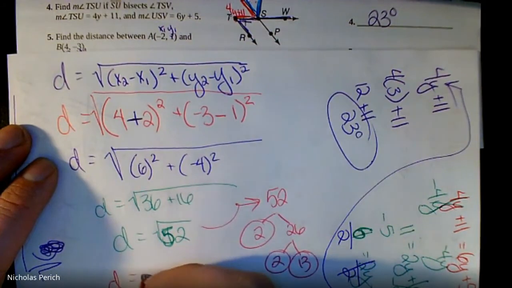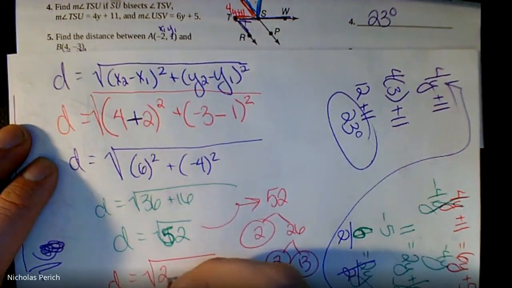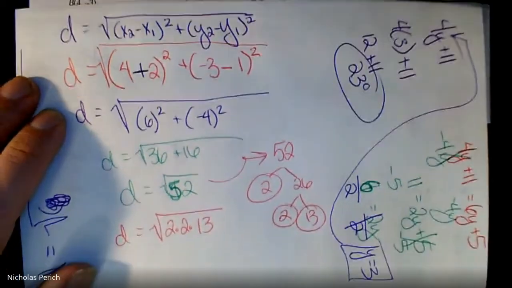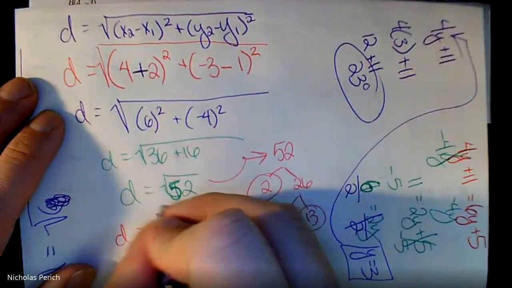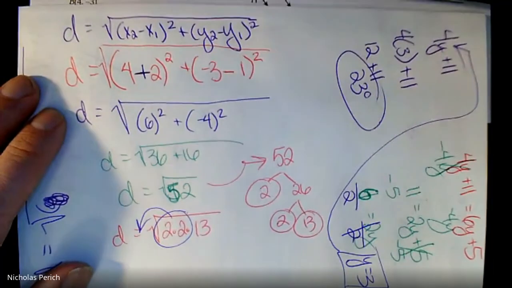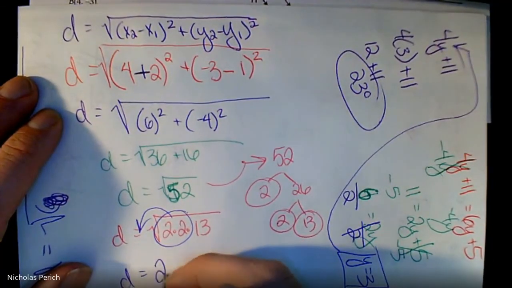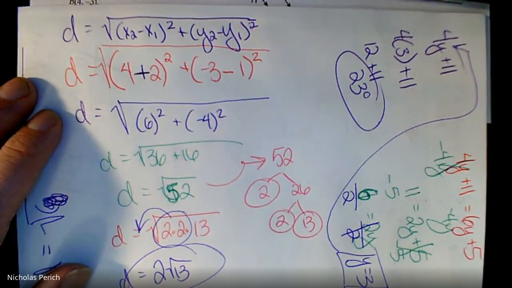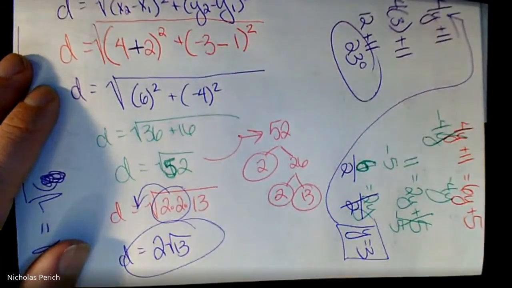And then Athena has the answer up there, and it's correct. My distance is going to be the square root of 2 times 2 times 13. Bring out a pair of 2's, and that's all we can bring out. And you have 2 times the square root of 13, which is what Athena said. And that's what we got.